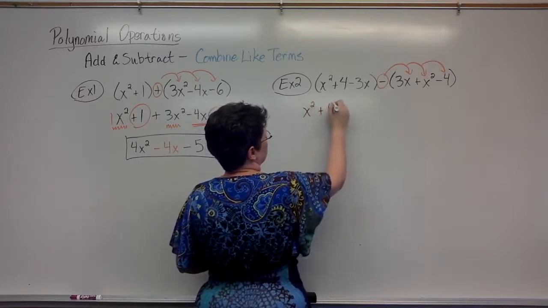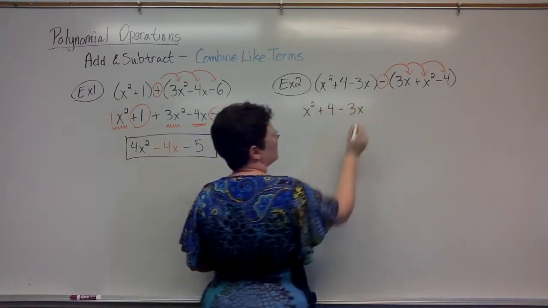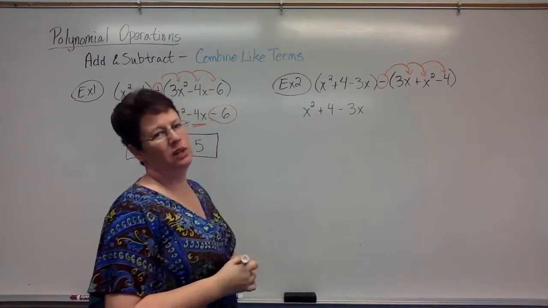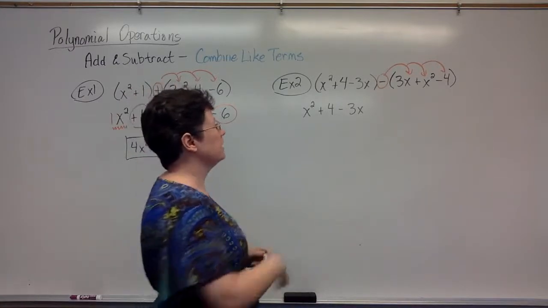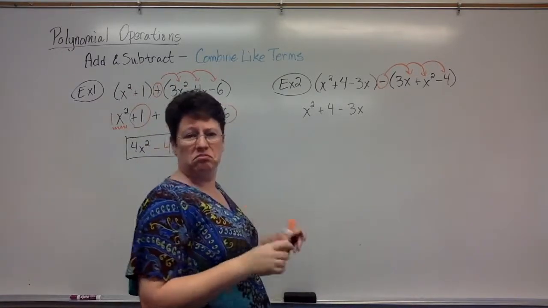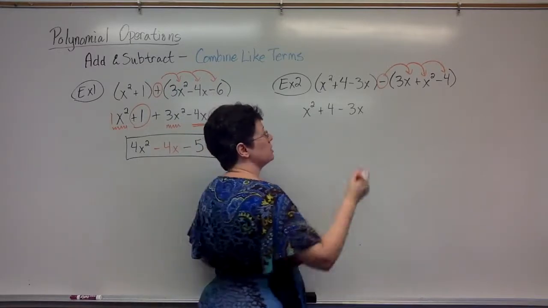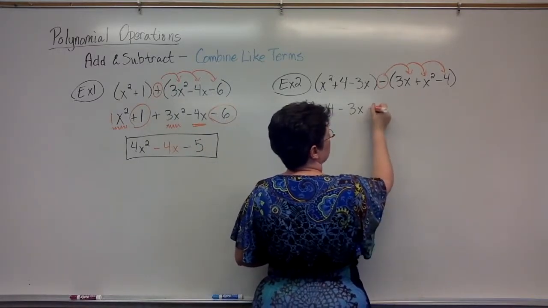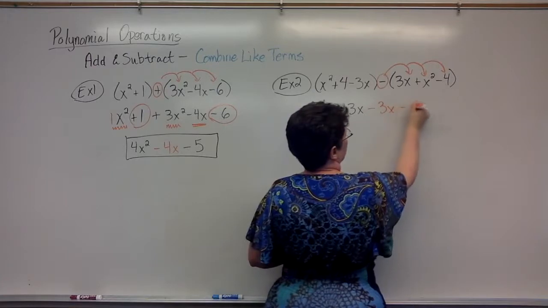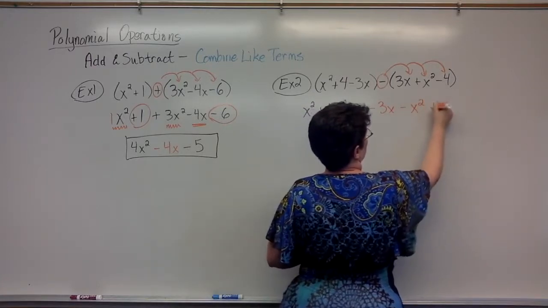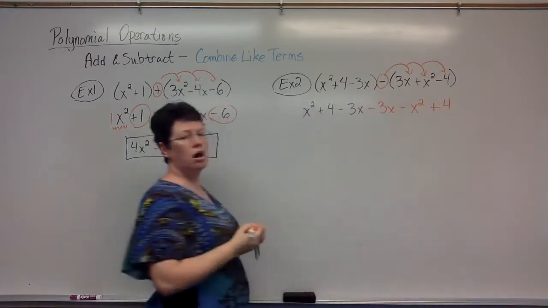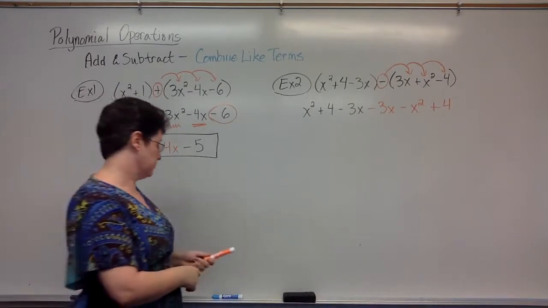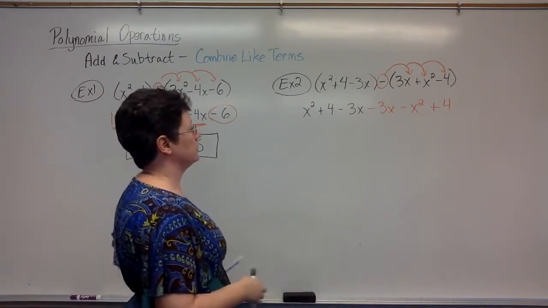X squared plus 4 minus 3x. I know they're not in order and it really bugs me, but we're just going to write them down because we're just going to combine like terms anyway. Now second grouping. Minus 3x minus x squared plus 4. All the signs changed. Okay, now we're ready.